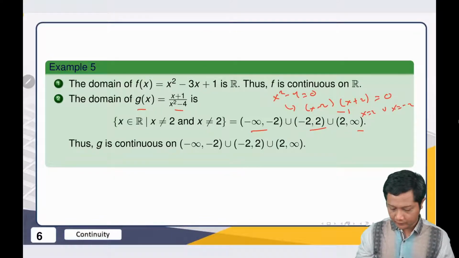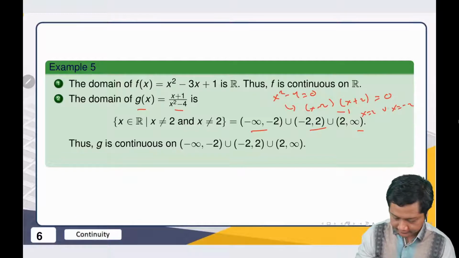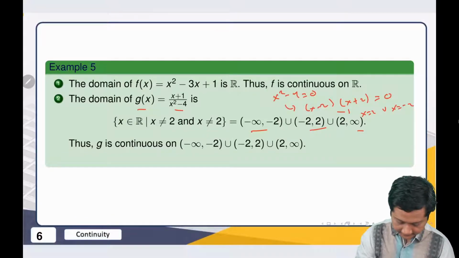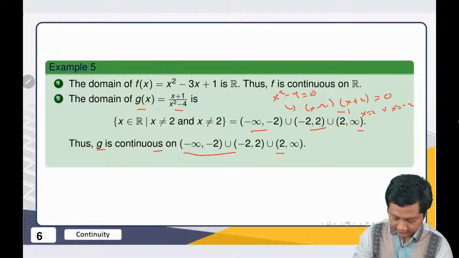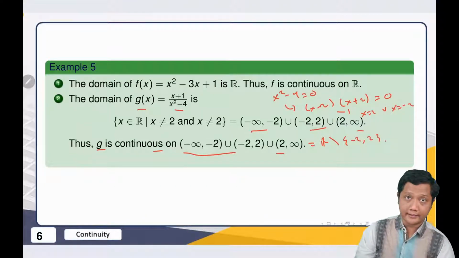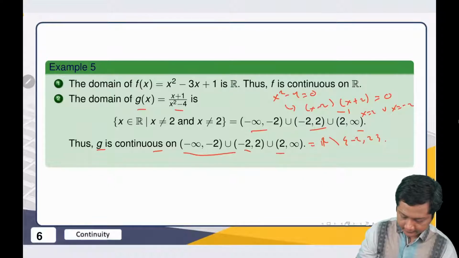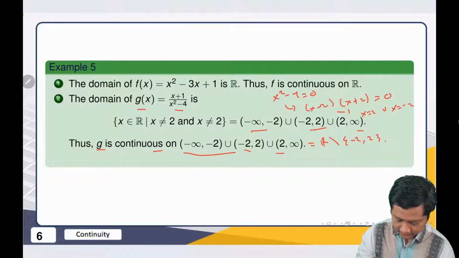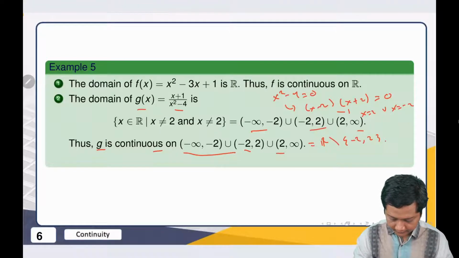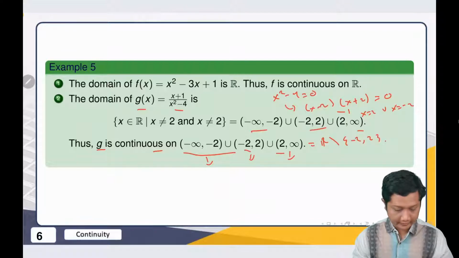That's why we should exclude -2 and 2. So the domain is R minus {-2, 2}. If we write it in intervals, we have the union of the first interval, the second interval, and the third interval.